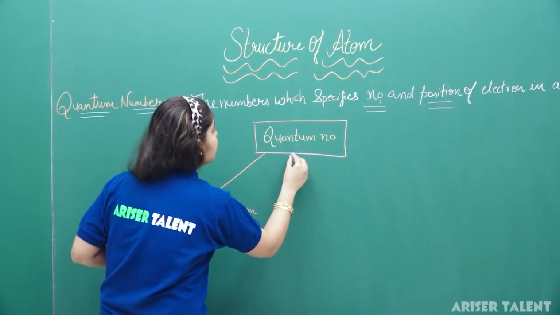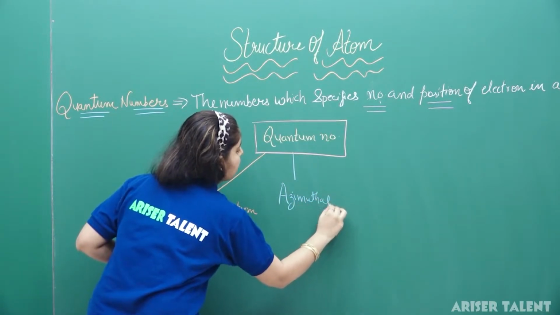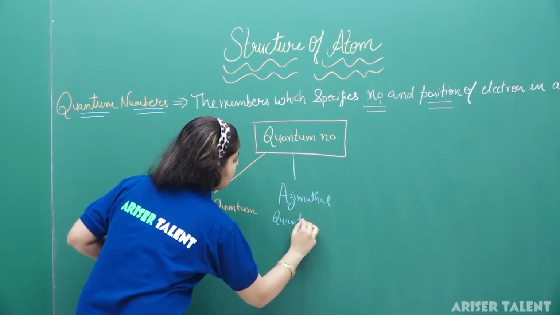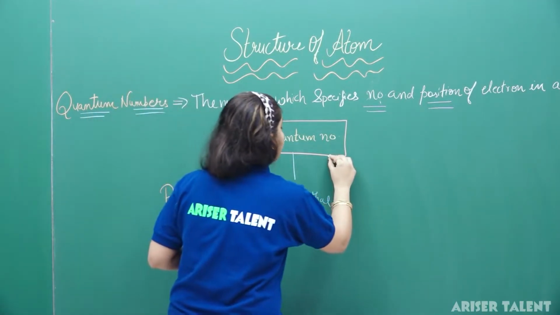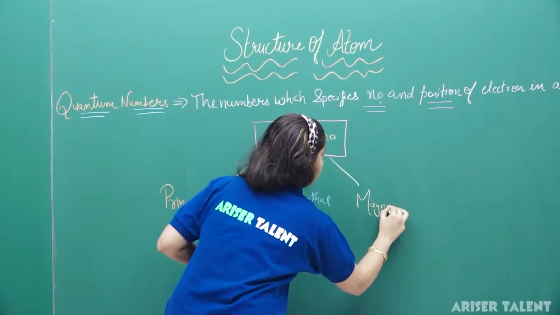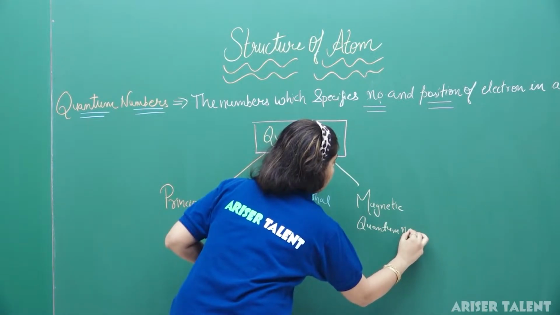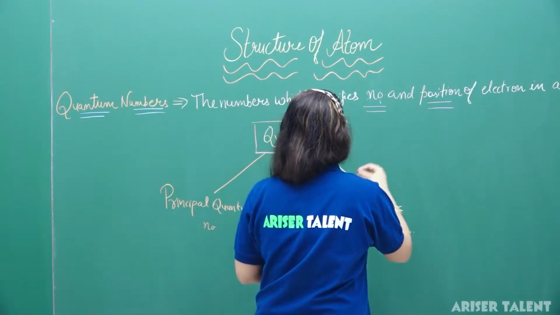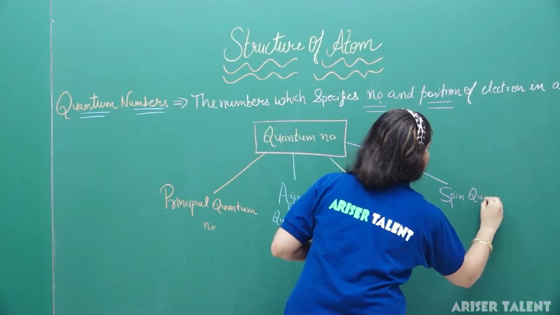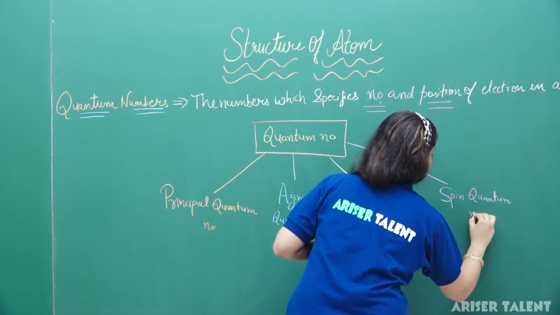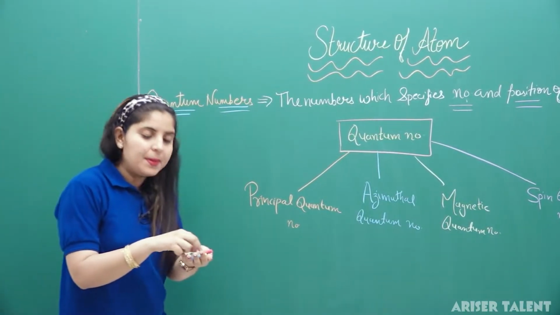Our second category is azimuthal quantum number. Our third category is magnetic quantum number. And our last category is spin quantum number.